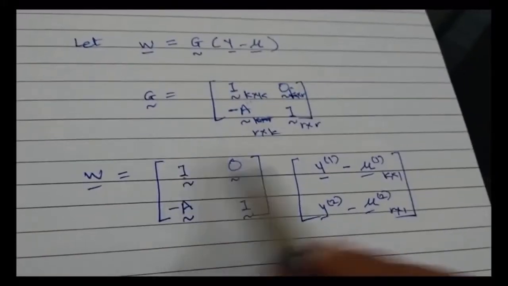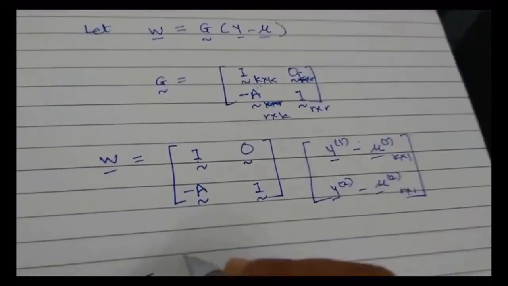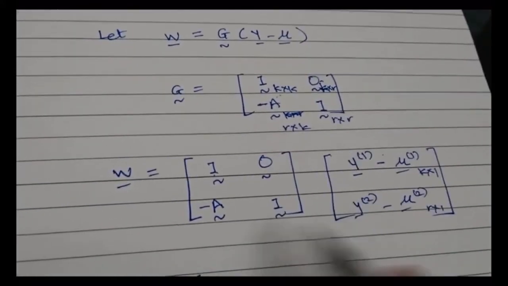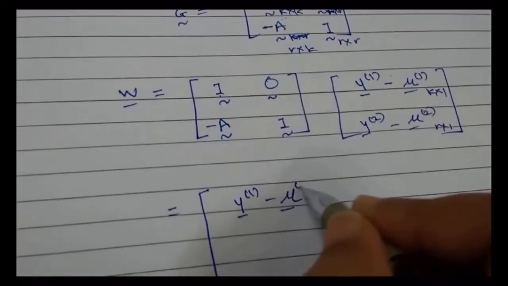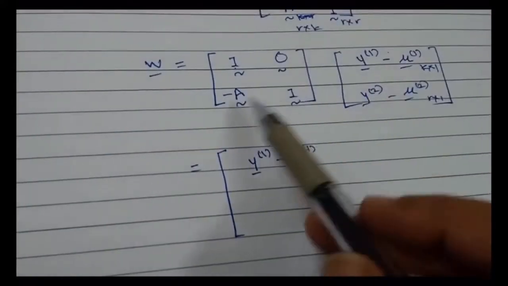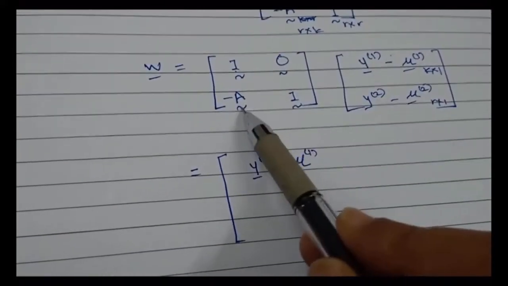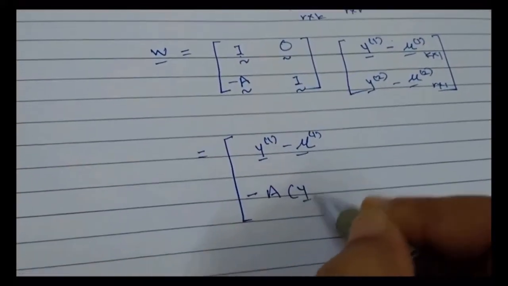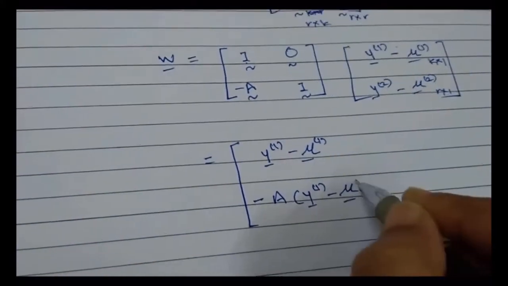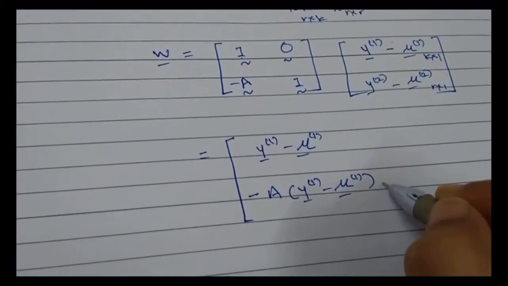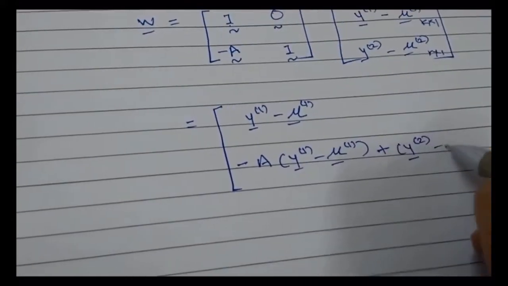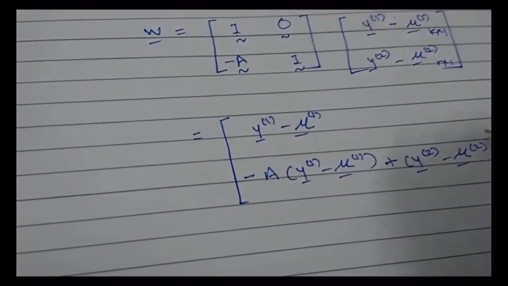So now I can multiply this by this by this. So what do I get? Now I into this plus 0 into this. So my first entry remains y1 minus mu1, and then I into this and minus A into this. So I have minus A times y1 minus mu1 plus I into, so just y2 minus mu2.